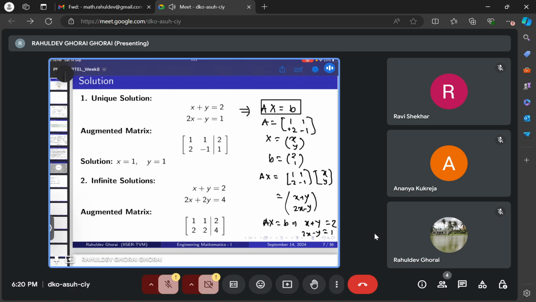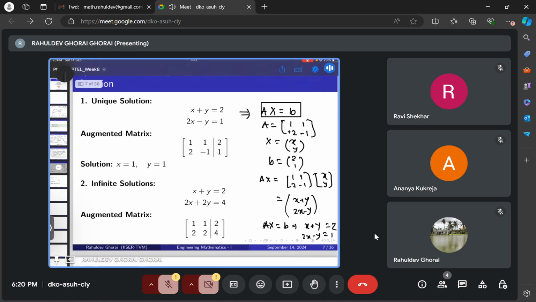A, x and b are all matrices, where x and b are vectors, but vectors are nothing but matrices with only one column.